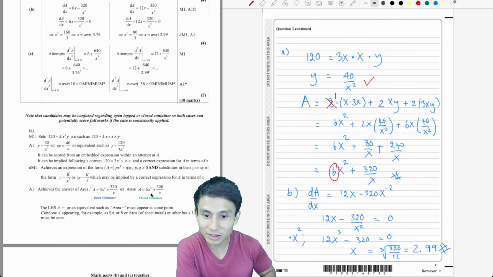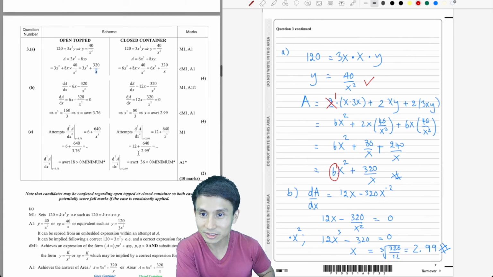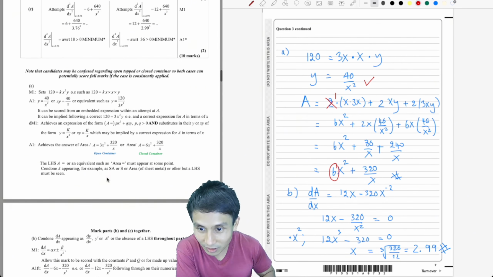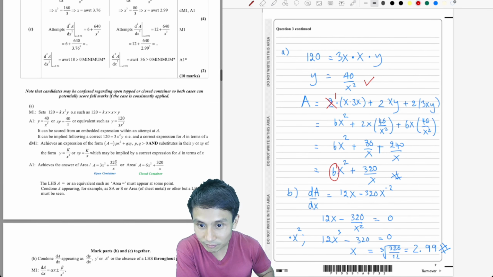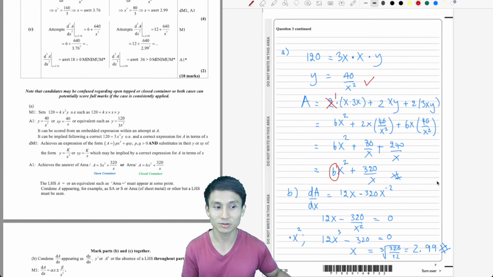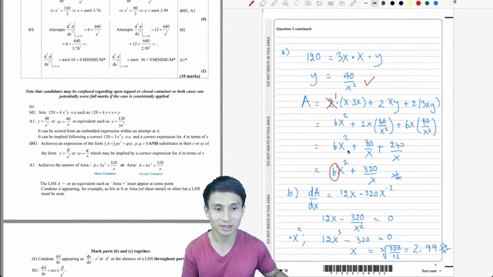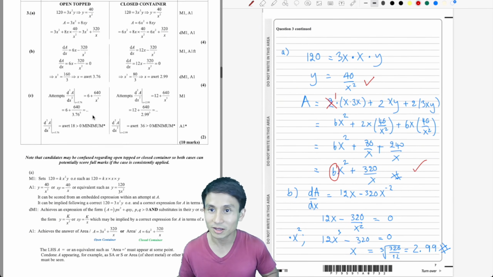Yeah, right. Okay. Yeah, it says here. I got a closed container here. So I'm just gonna give myself a mark there because I got it, I think, what it says in the mark scheme.